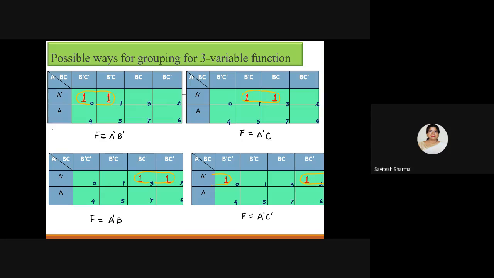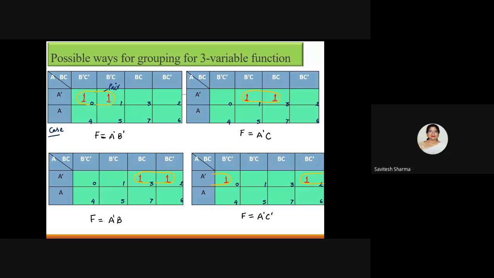If your 1s are arranged like this and you are grouping, so 2 ones I am clubbing. Here I am forming the pair. If ones are in adjacent cells, you can make a group. The condition is your ones should be in adjacent cells.